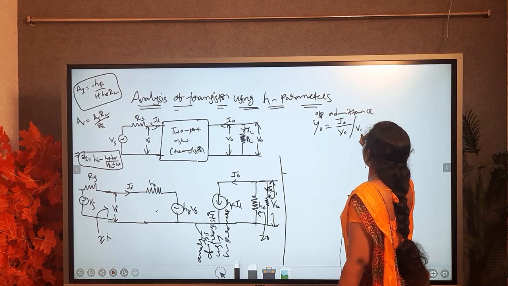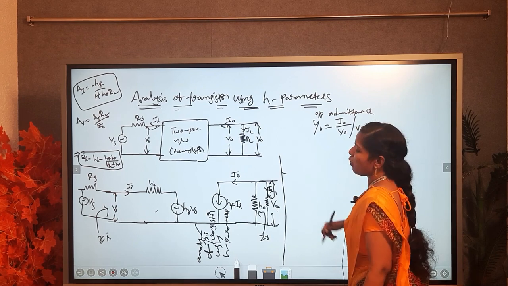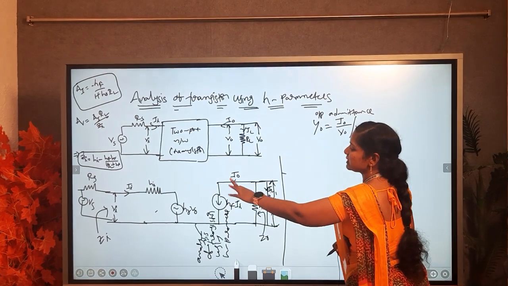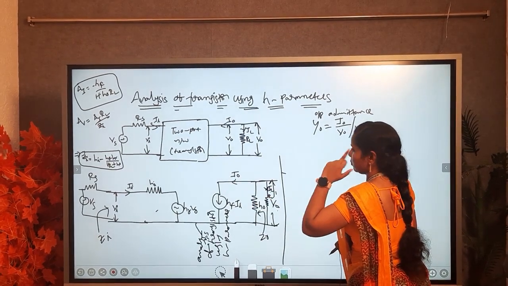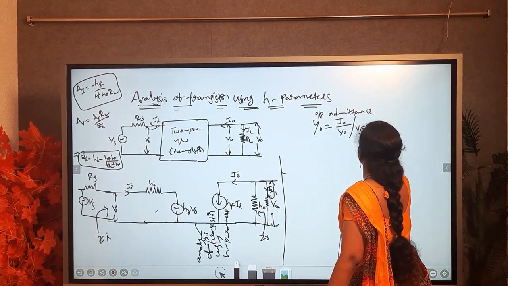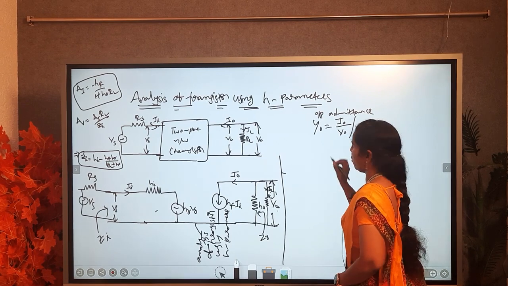You have to find out the admittance, which means the voltage source Vs will be 0. You must consider Vs equals 0.